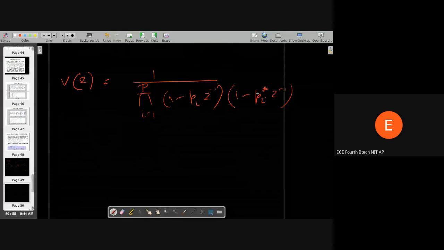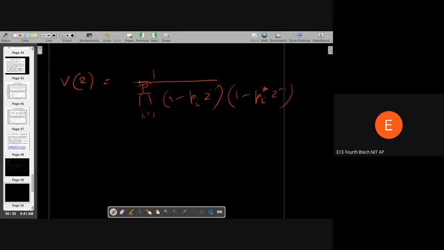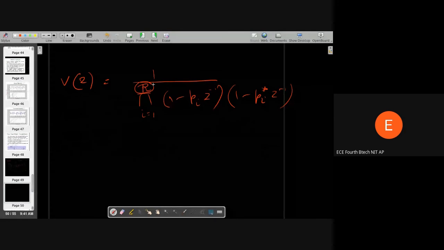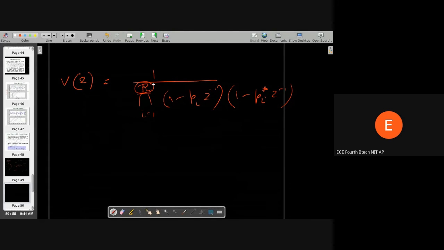This is how we'll model it. These are the number of resonances; if you put R as the number of resonances, then if you have 4 resonances, there will be 8 poles. This is how we'll model our vocal tract system.